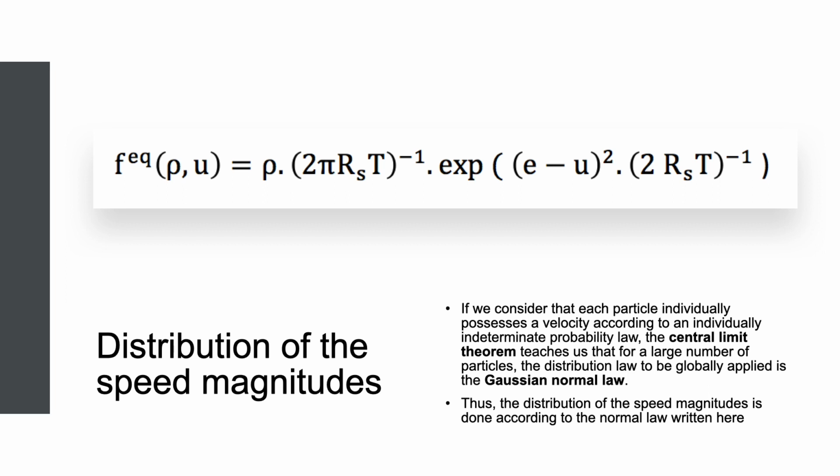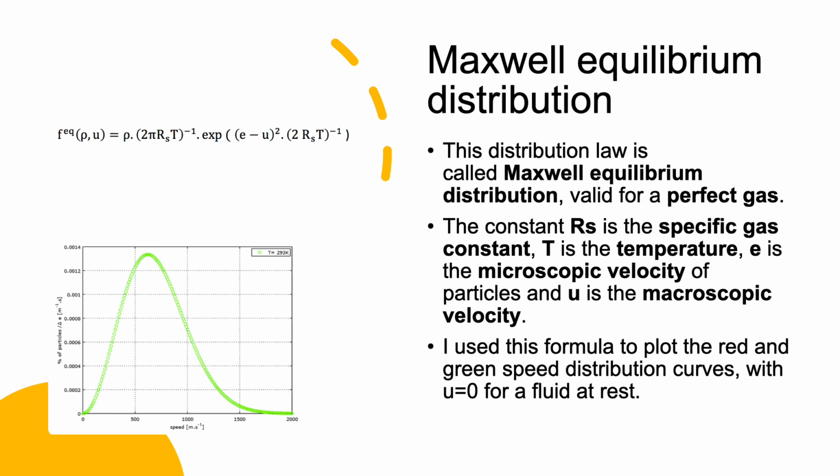That allows us to write this distribution of the speed magnitudes according to the normal law in this way. And this distribution is also called the Maxwell equilibrium distribution, which is valid for a perfect gas.